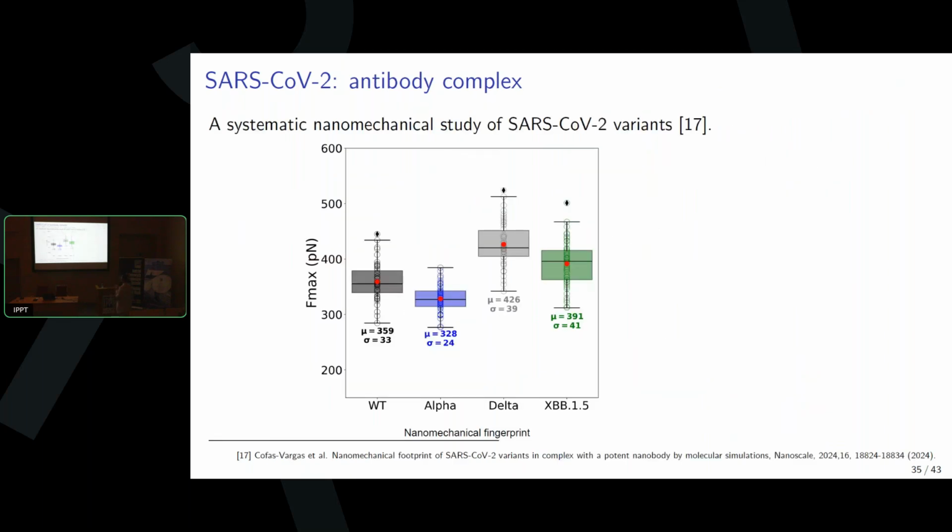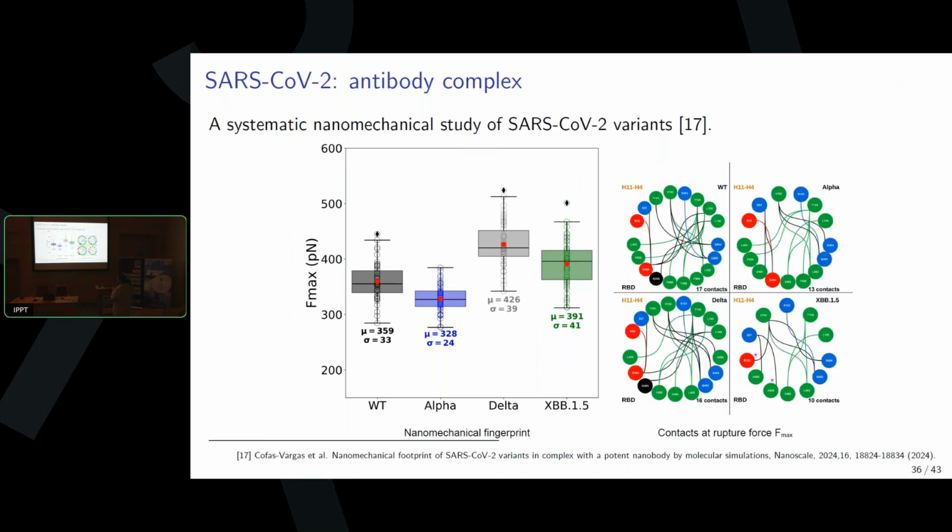Right? So we went a little bit further, and we studied different variants, and we also looked at the correlations between the residues lying at the interface at Fmax, and we see that for the same nanobody, this changes with the different variants.